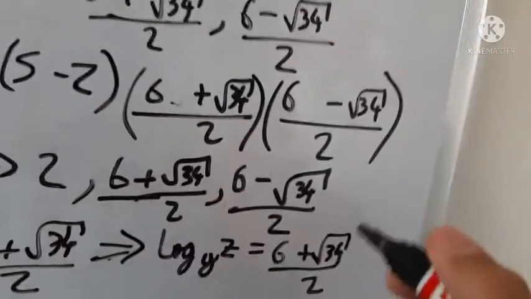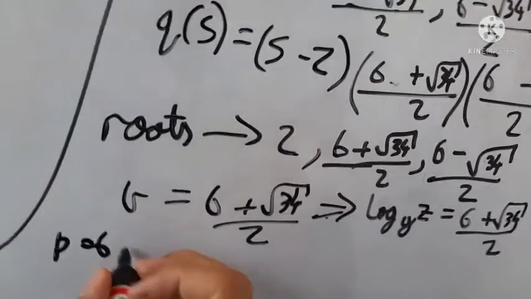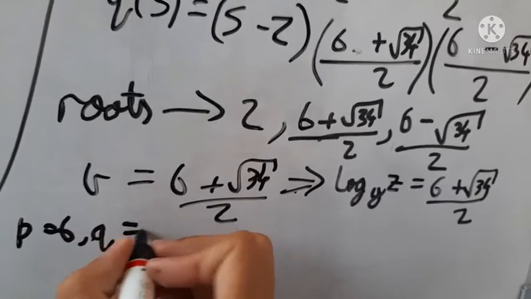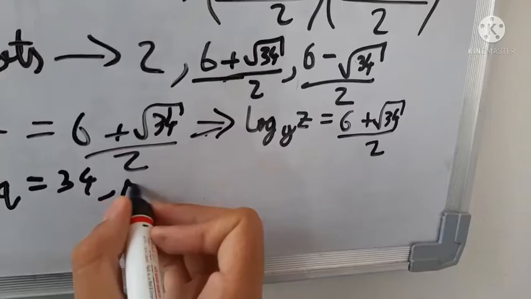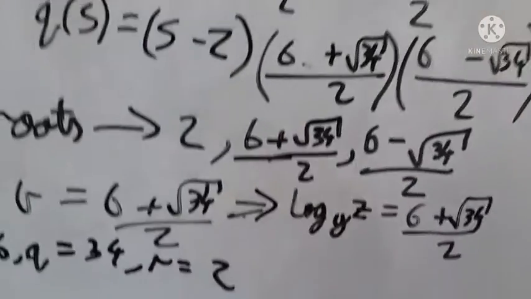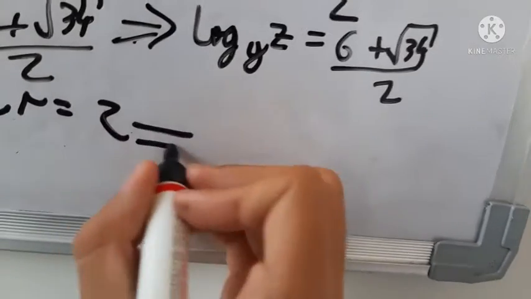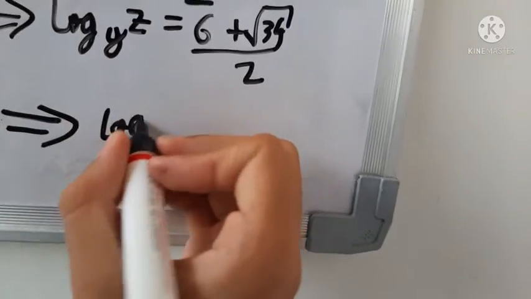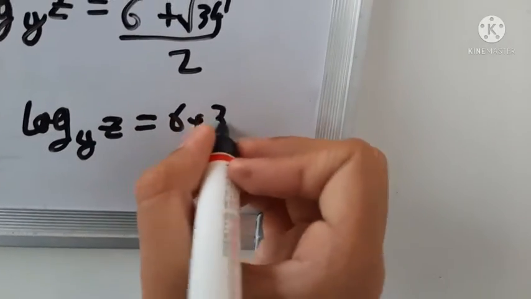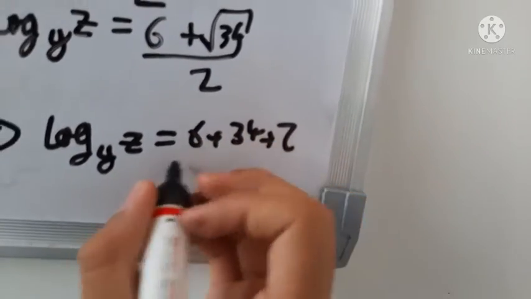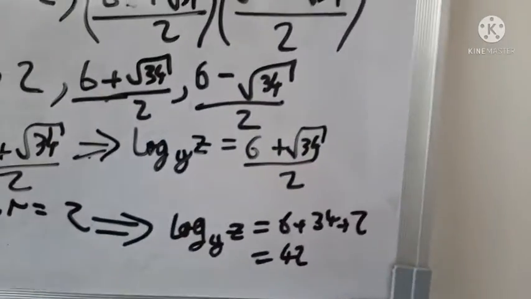So, by inspection, we can say that p is 6, q is, let's see, 34, and r is 2. Okay, so this gives us log base y of z is equal to 6 plus 34 plus 2, which is 42.